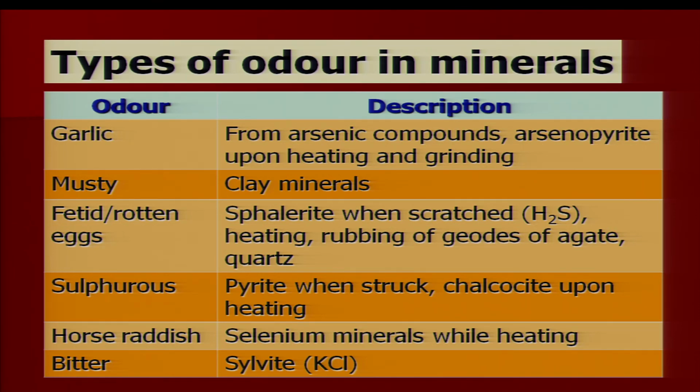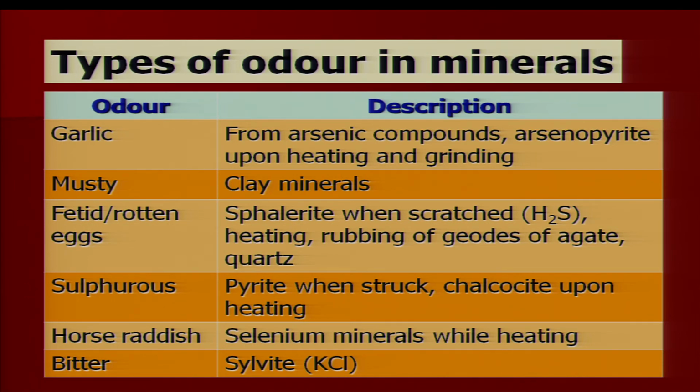Then another kind of odor which can be sensed easily is sulphurous odor, just like sulphur. Pyrite when struck, and chalcocite upon heating, also give rise to an odor which is similar to sulphur. It is quite natural because pyrite and chalcocite contain a lot of sulphur in their mineral constitution.